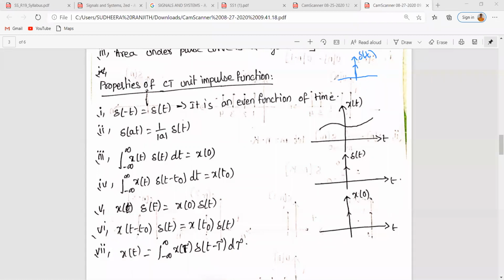If x of minus t is equal to x of t, then we usually call that signal an even signal. So delta of minus t is equal to delta of t.